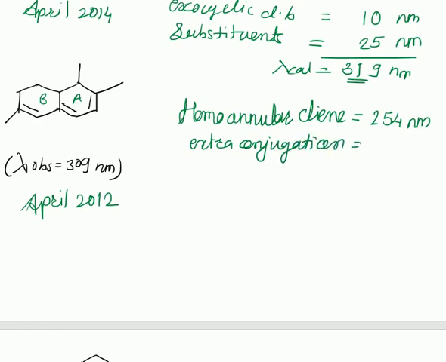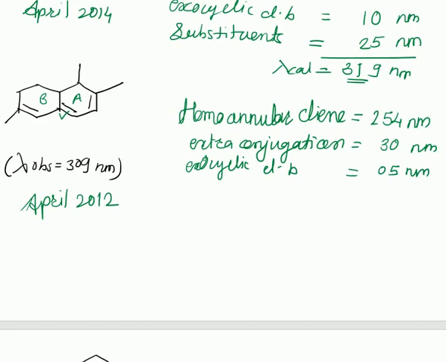Now one double bond is extra, so it is contributed by 30 nanometer value. Then exocyclic double bond, this double bond is exocyclic to the ring B, so the exocyclic contribution is 5 nanometer.